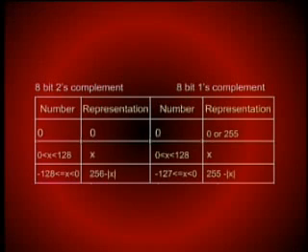Correspondingly, if we consider 1's complement, then the positive numbers would be between 0 and 127, and the negative numbers would be down to maximum minus 127. Now there is a difference of 1 as we just saw, and mathematically we could write it as 255 minus magnitude of x.